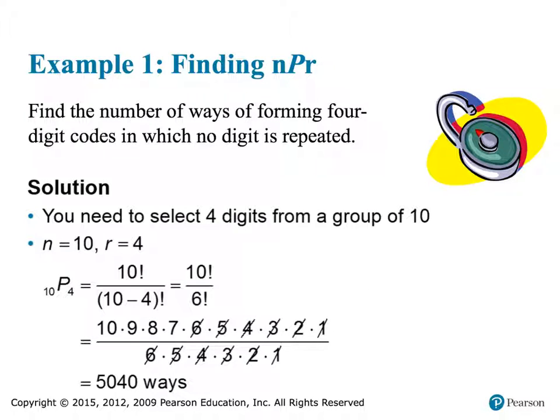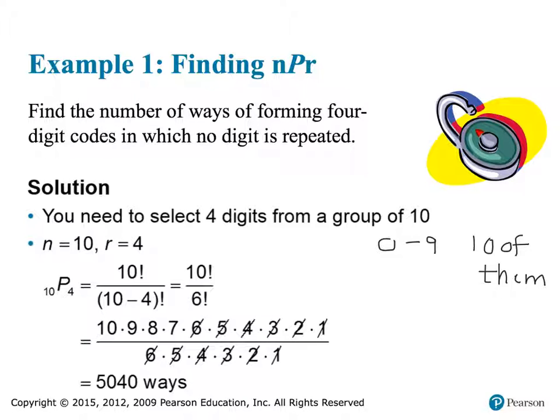So let's say we want to find the number of ways of forming 4-digit codes in which no digit is repeated. This is very similar. With the digits 0 through 9, there are 10 of them. 1 through 9, there are 9 of them. Add in the 0, now you've got 10 different digits to select from.